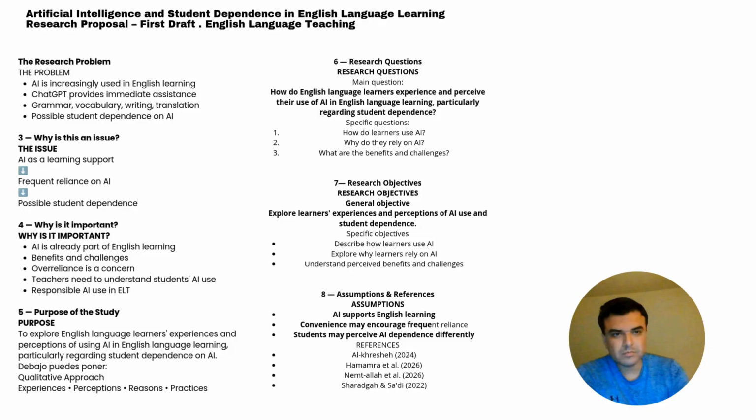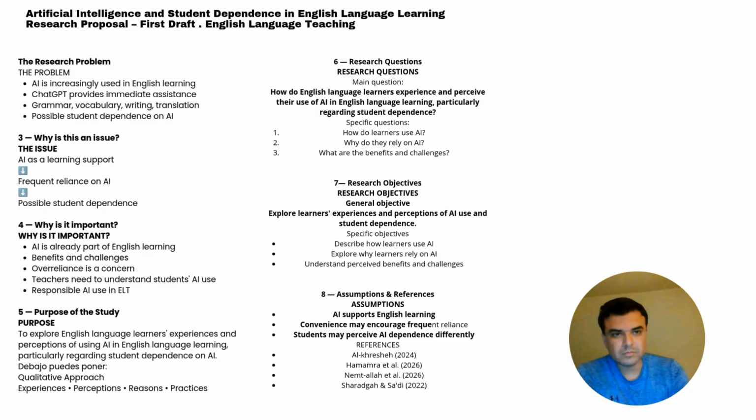Some of the main references include a systematic review of artificial intelligence and English language teaching, research on AI literacy and learning autonomy in ChatGPT-supported EFL writing, and recent research on ChatGPT use among EFL university students. These studies help me understand that AI has both potential benefits and challenges for English language learning.